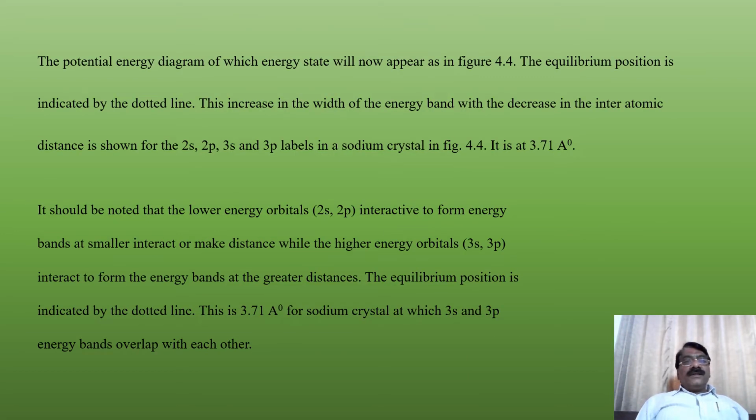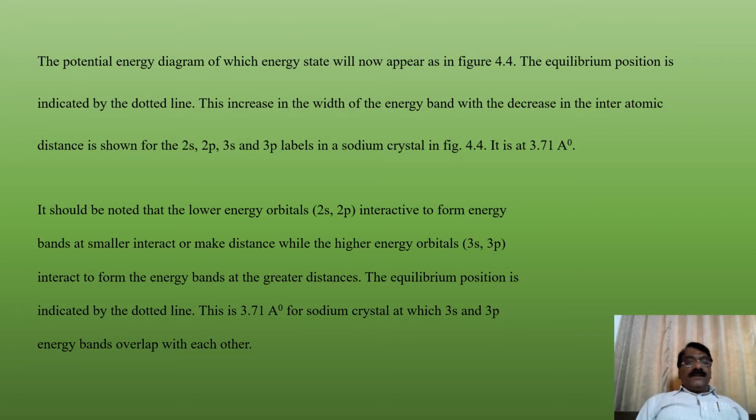The potential energy diagram, of which the energy state will now appear, we see in the figure. The equilibrium position is indicated by the dotted lines in the figure. This increase in the width of the energy band with decrease in the interatomic distance is shown for 2s, 2p, 3s and 3p levels in the sodium crystals.